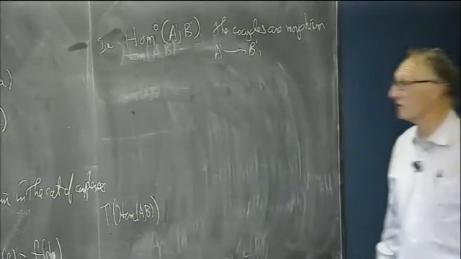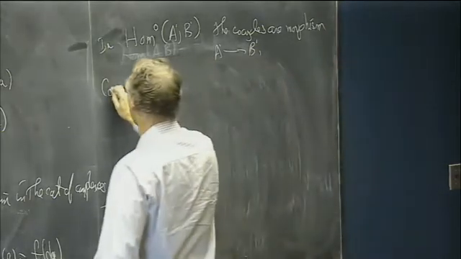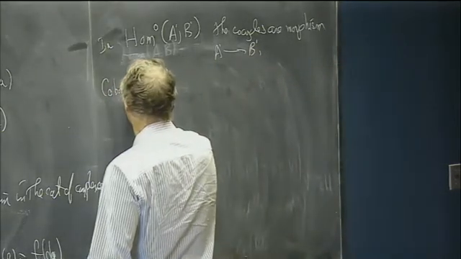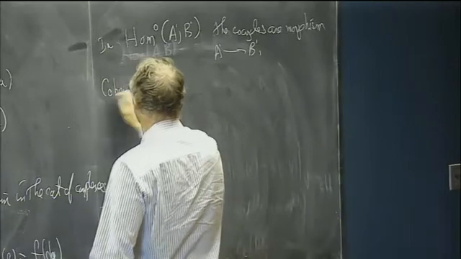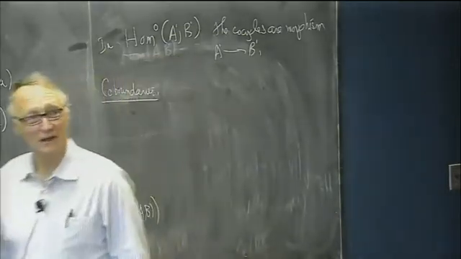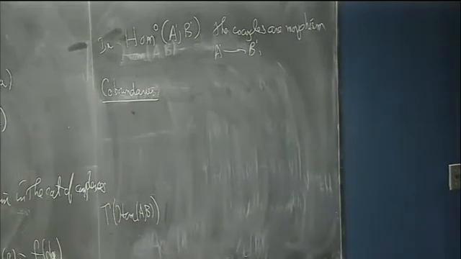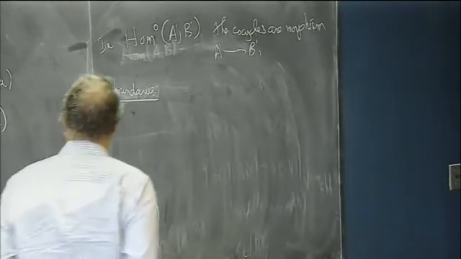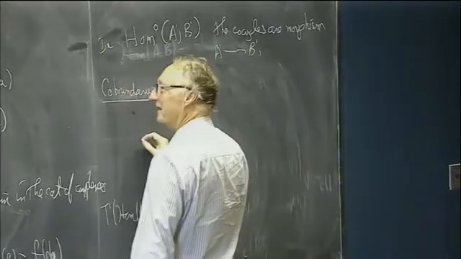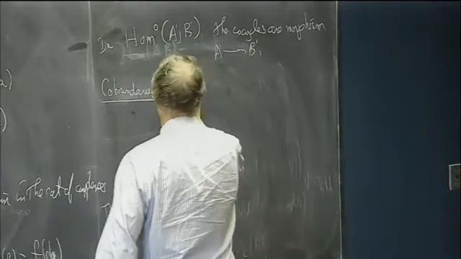What are the coboundaries? Anybody want to guess what they are? Chain homotopies.